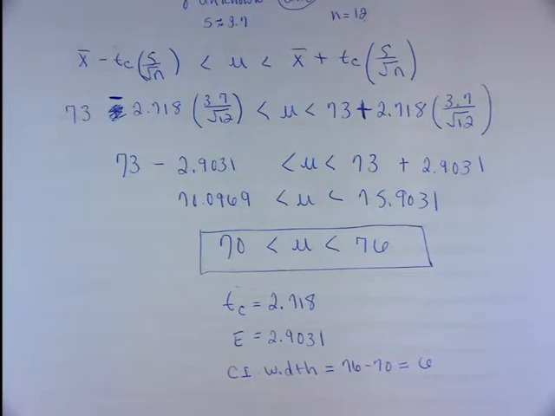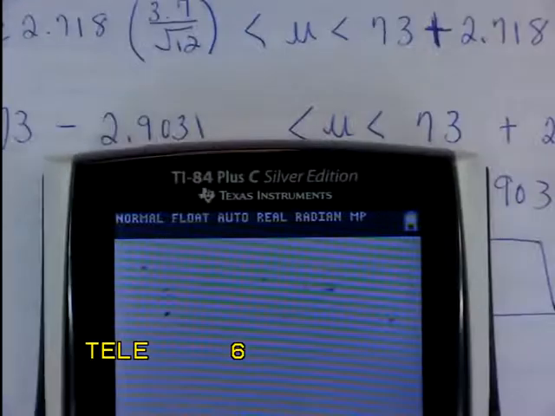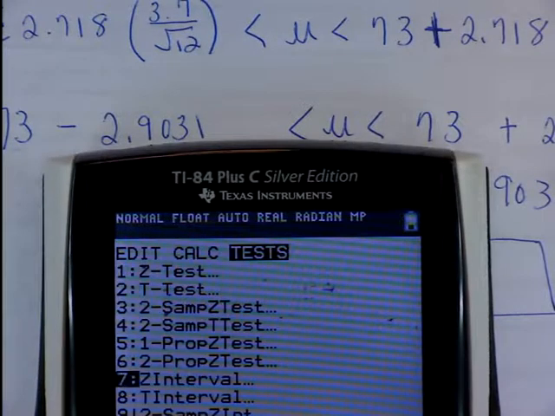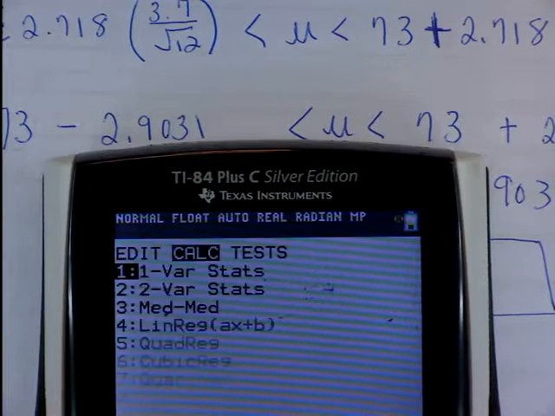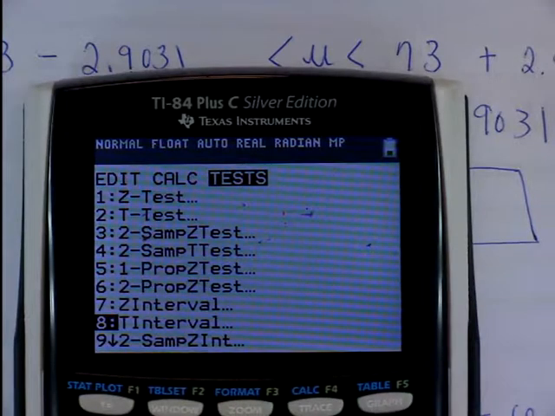With the calculator, you would go to Stat and Test, and down to number 8, T interval. Stat, Test, number 8, T interval for the mean. Enter.